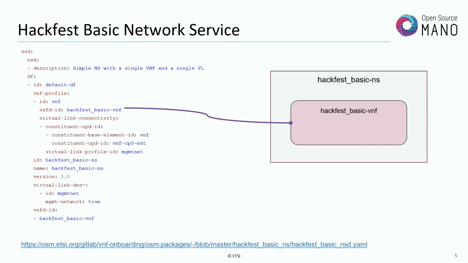So later on, if you're ever loading packages, you'll notice you always have to load the VNF descriptor first, because the network service is like a table of contents of all the different VNFs that are in it. So network services always sit on top of VNFs. It also has the networking information that we are going to use.